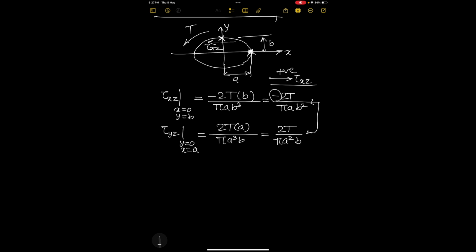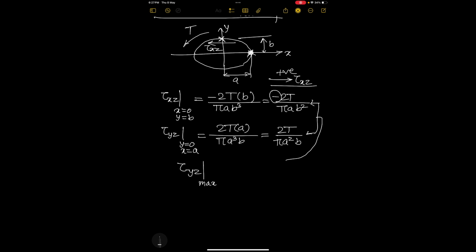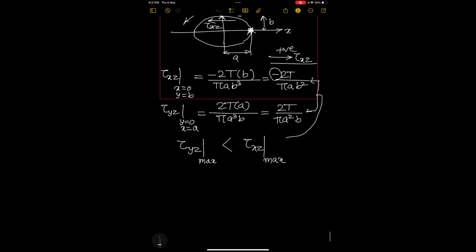So comparing these two, we can see that tau yz max is smaller than tau xz max.